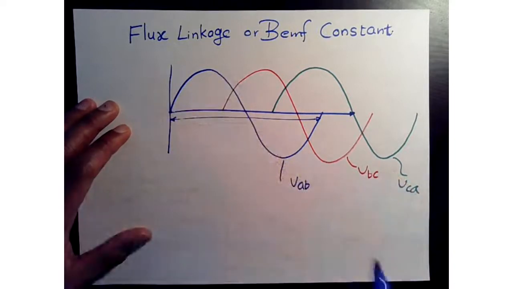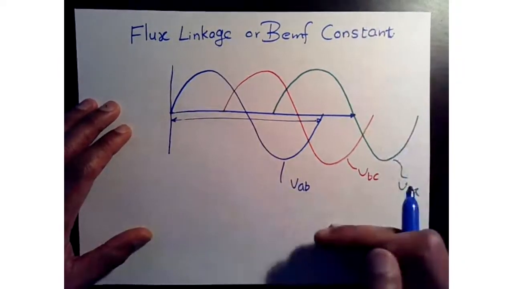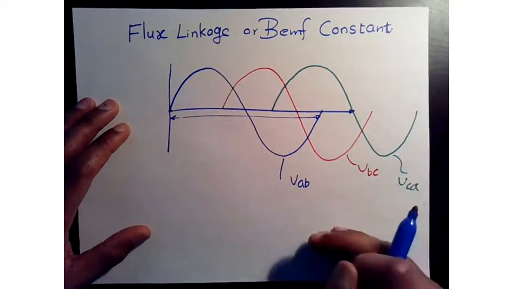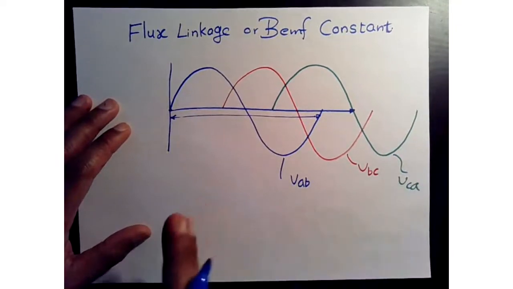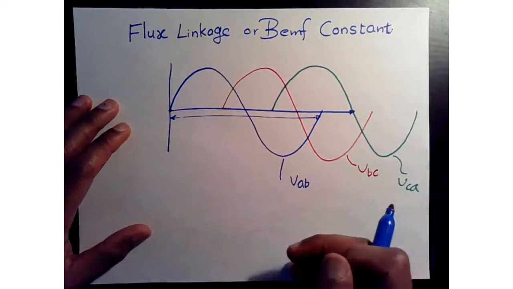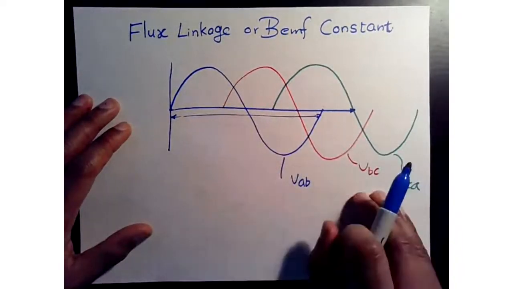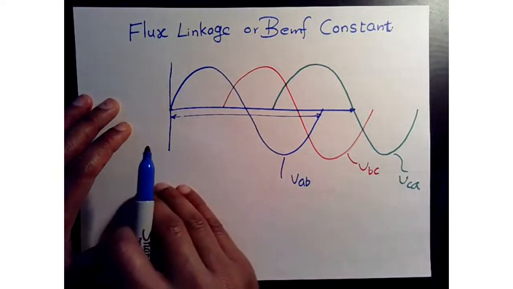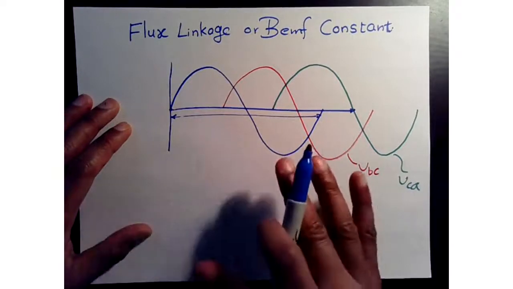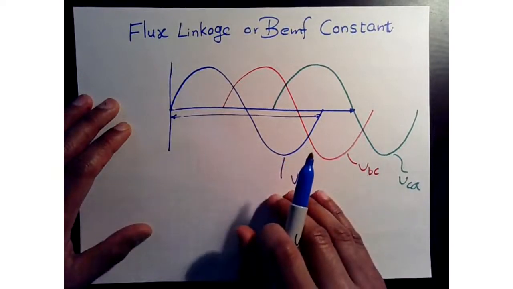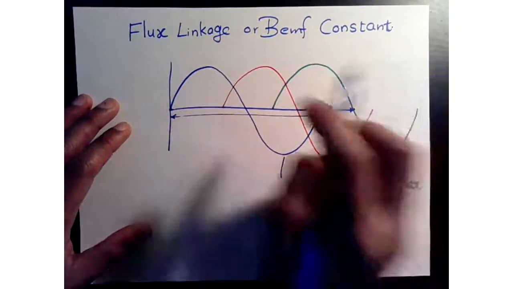So you can knock all three out in one test if you have a good position measurement to measure zero crossing. All right, so now we have VAB, VBC, VCA, and you want to have it run at a steady state speed so that there's no fluctuation.